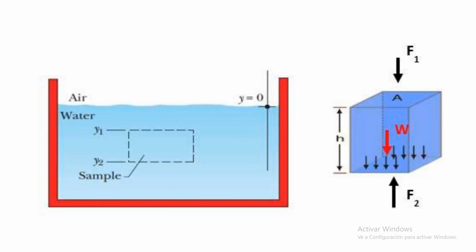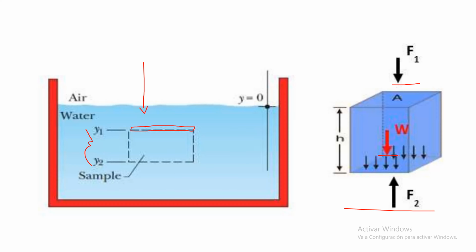So this sample obviously has some volume, which means it has some area right here, and some height, this one right here. So if we make a free body diagram of just these vertical forces, we get our three forces in charge. First, the force made by the weight of both the water and the air, all this force right here.